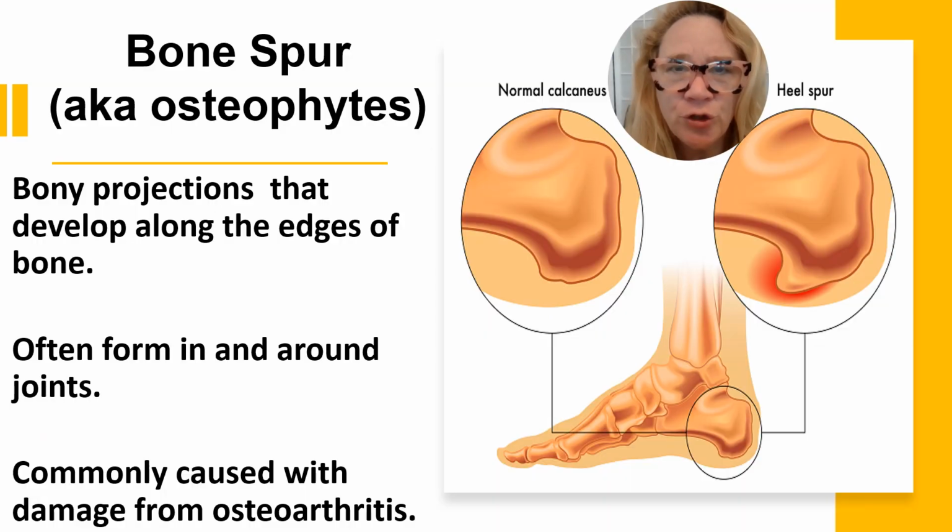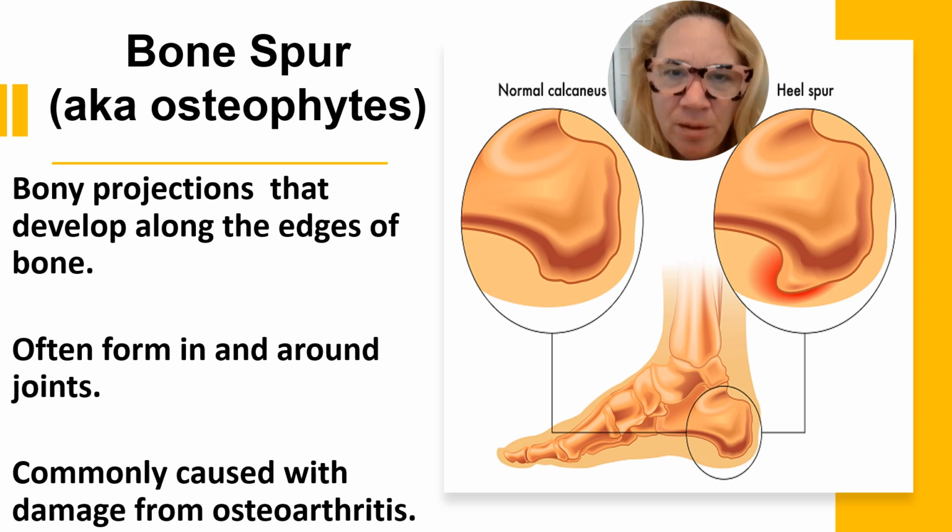Bone spurs, which are medically known as osteophytes, are a common side effect or issue that can result from osteoarthritis. They're bony projections that develop along the edges of bone and are often found in joints. So what happens with osteoarthritis is that as that natural cartilage wears away and it doesn't really build itself back as we get older into our geriatric years, you start to get a bone-on-bone condition.